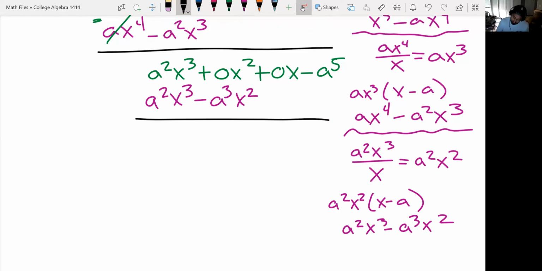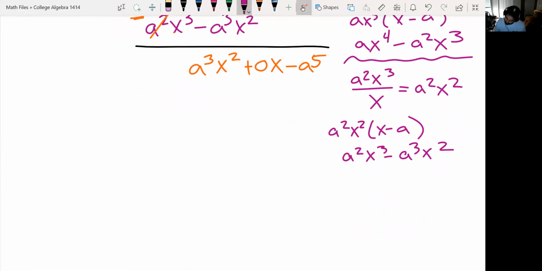So put it underneath, subtract, it's a new color, orange, gone, minus minus, do it again and again and again.